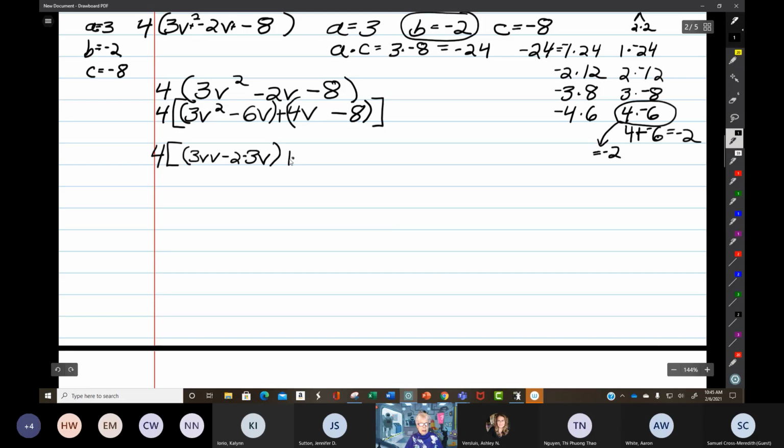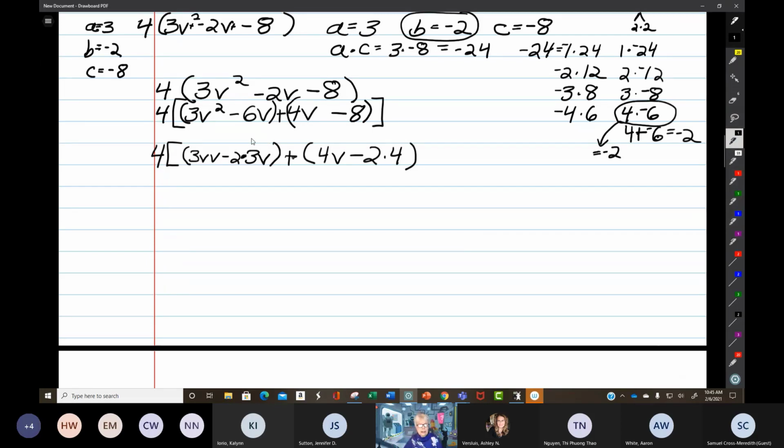And over here, I'm going to have 4v minus 2 times 4. Notice I made sure that since that 4 is positive, the 4 over here is positive. And this isn't a minus sign, this is a times sign. Now, I can see that these 2 terms, right?